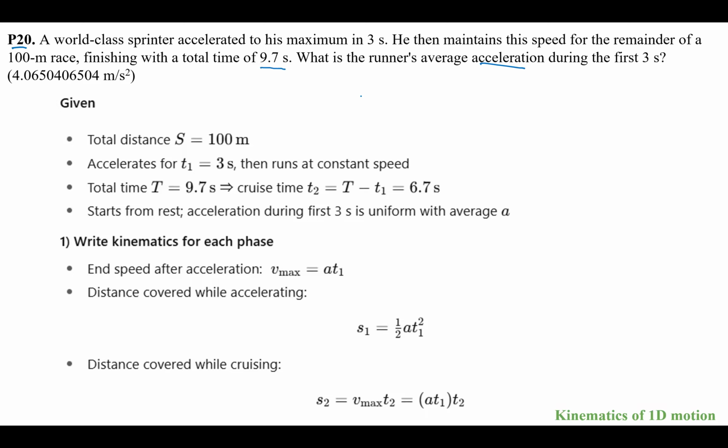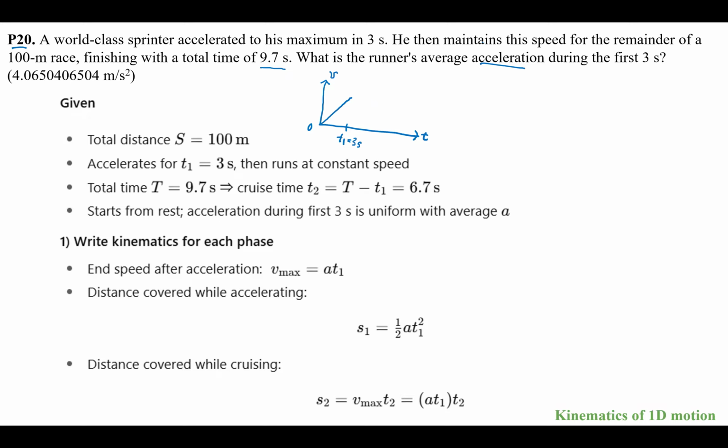So in this case, we are going to divide the motion into two time frames. That's from 0 to t1. So let's assume that there's a velocity, and then we see that it is accelerated for 3 seconds.